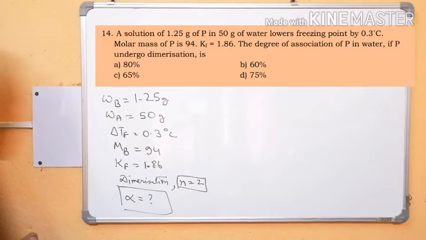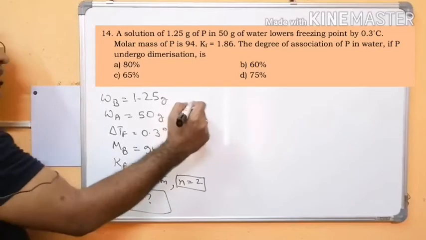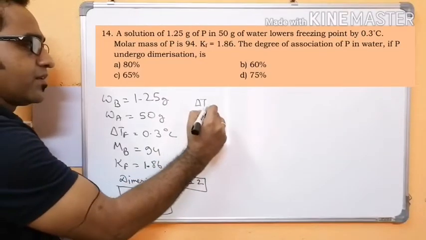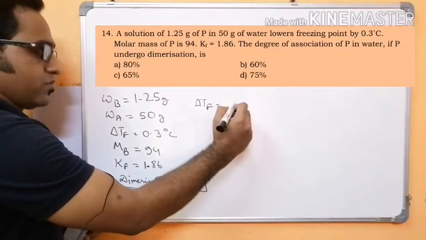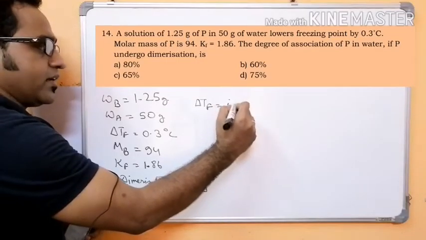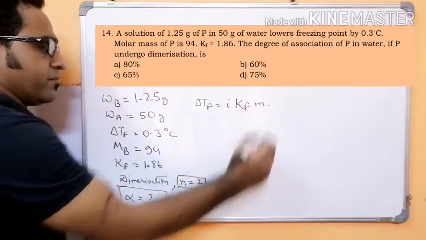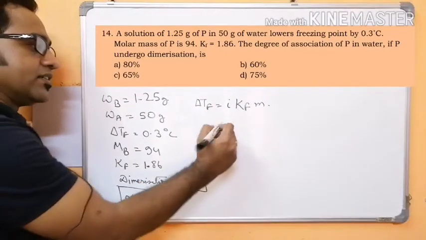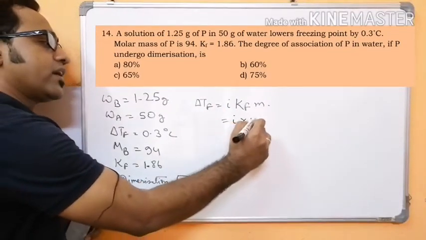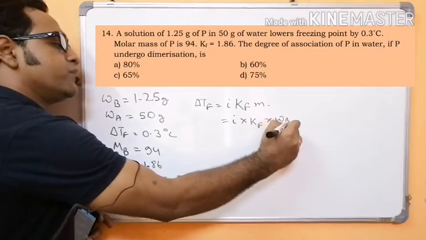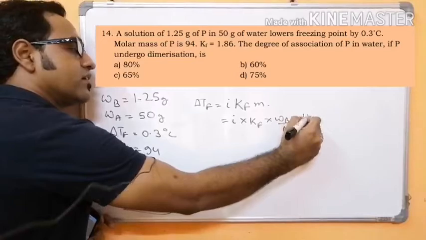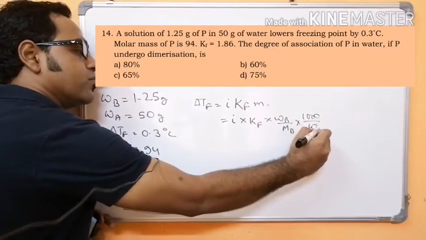Now we know the formula delta Tf is equal to i into Kf into m. So from here we have to find out i. So i into Kf into Wb by Mb into 1000 by Wa.